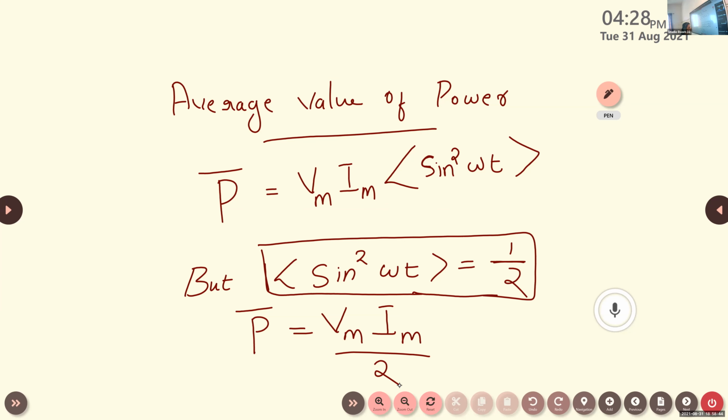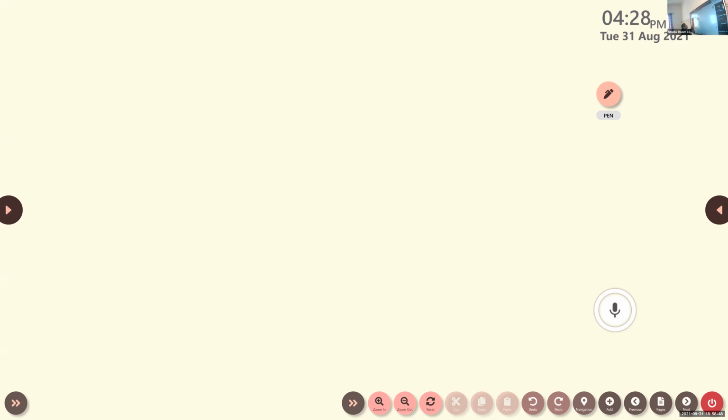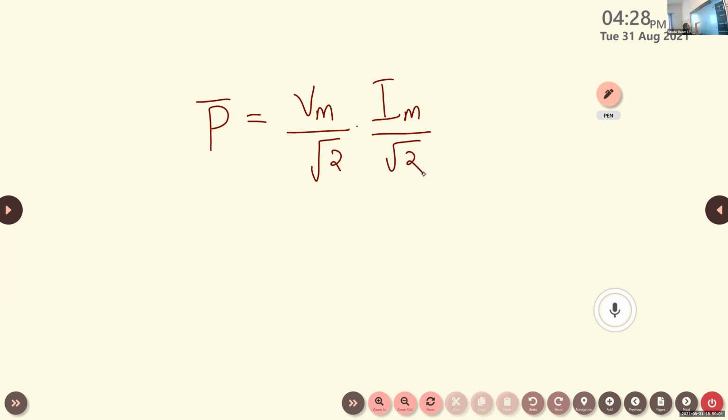Or we can write P bar is equal to Vm by root 2 into Im by root 2. In effect, root 2 into root 2 is equal to 2. That is why we split the term.